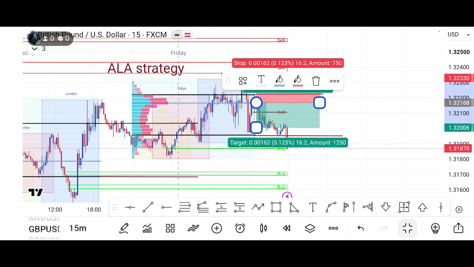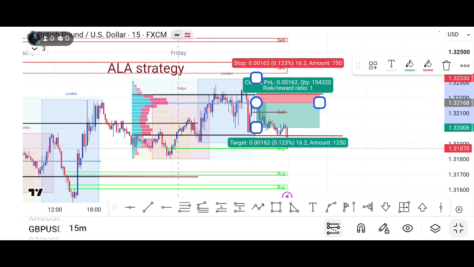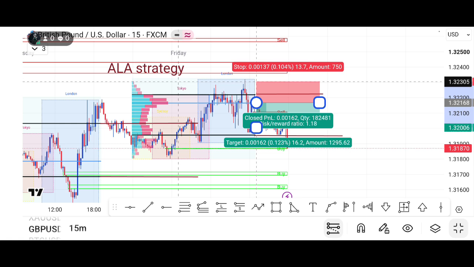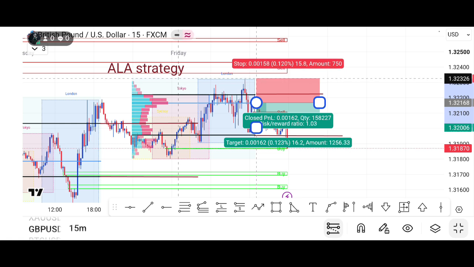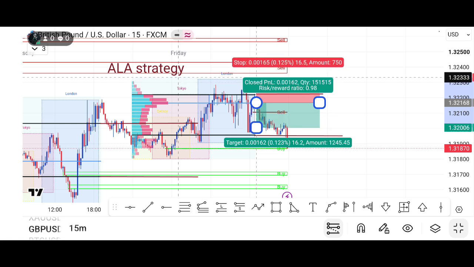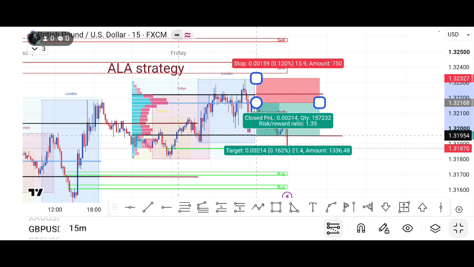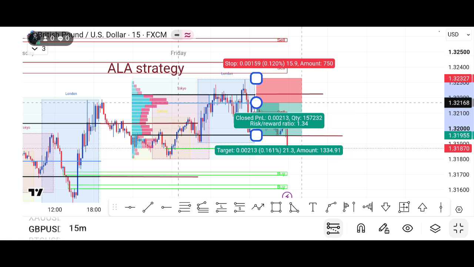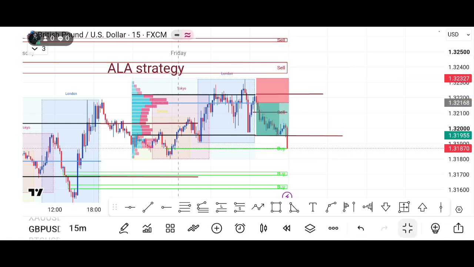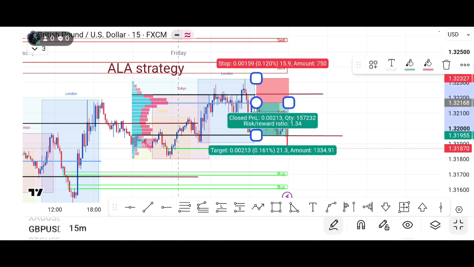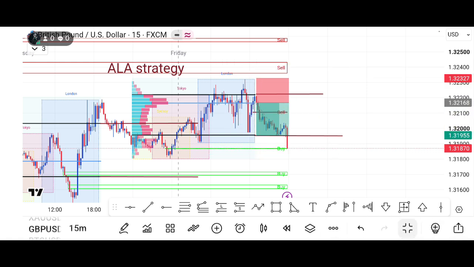I took that right there and marked my stop loss on the end of that candle. My take profit on my support area, and actually I won that trade, giving me a risk to reward 1:1.